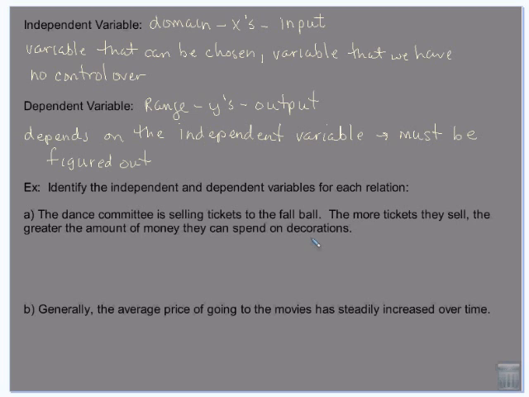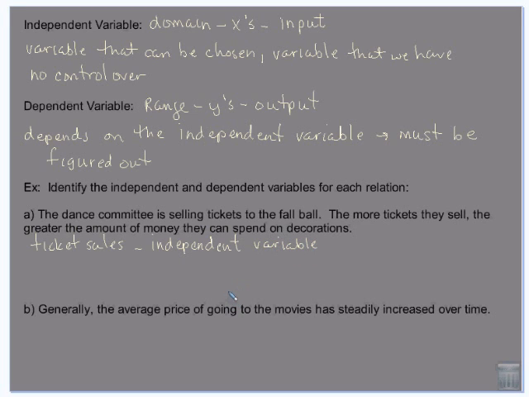So if you sell less tickets, you have less money. You sell more tickets, you have more money. Right. Does that make sense? So ticket sales, that's going to be the independent. It's either we've chosen it, or in this case, it would be something we have no choice over because people are either going to buy the tickets or they're not, right?